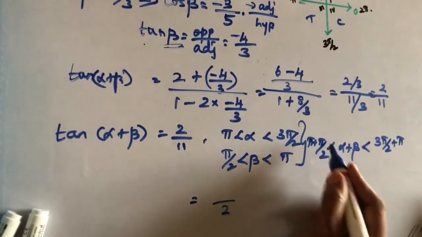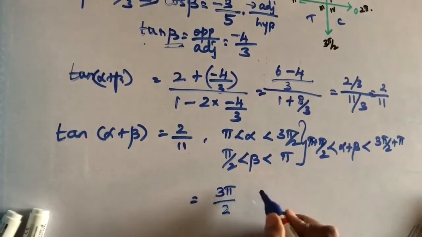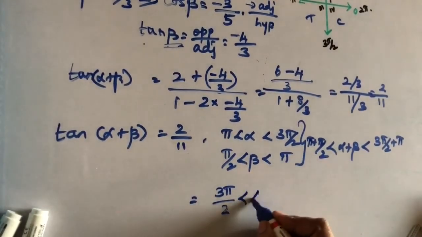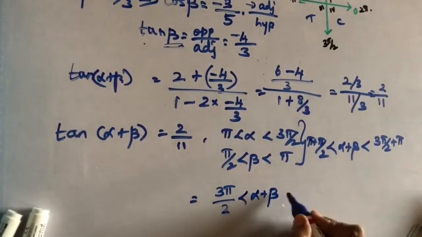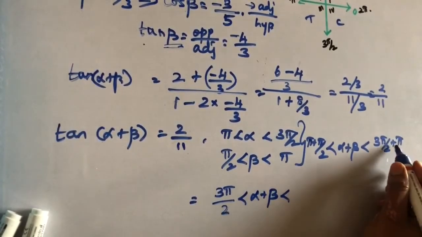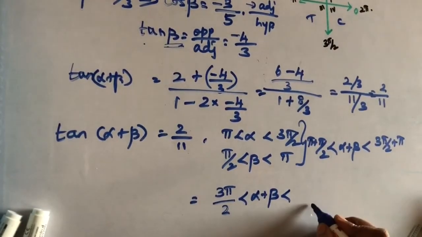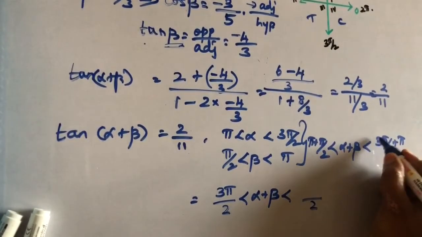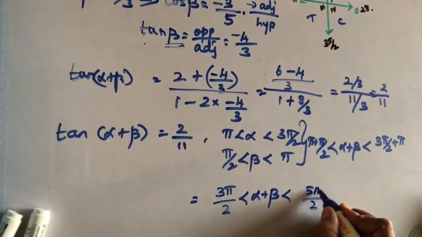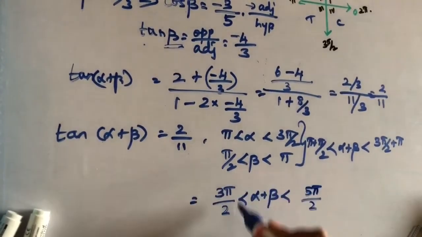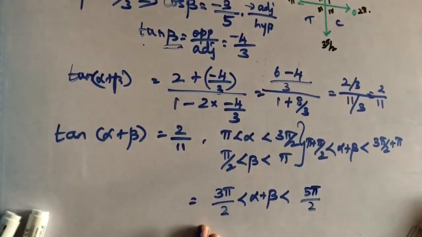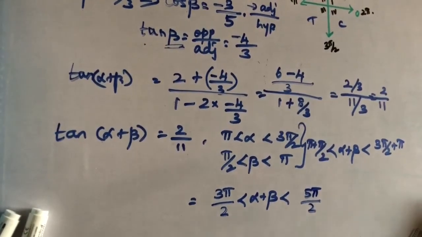So 2 pi plus pi, it is 3 pi by 2. Less than alpha plus beta less than 3 pi by 2 plus pi by 2. So if I take 2 as LCM, 3 pi plus 2 pi, so it is 5 pi by 2. So the range of alpha plus beta is 3 pi by 2 less than alpha plus beta less than 5 pi by 2.